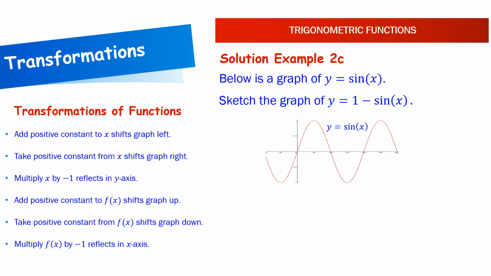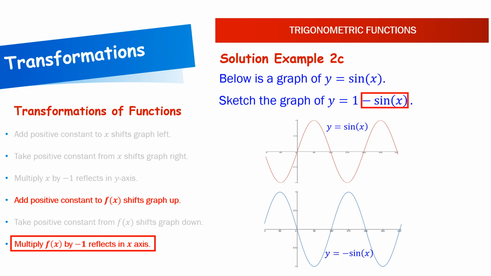In example 2c, you're required to sketch the graph of y equals 1 minus sine x. This is a combination of two transformations. We're first required to multiply sine x by minus 1, and then we're required to add a positive constant. So let's have a look at both these transformations in stages.